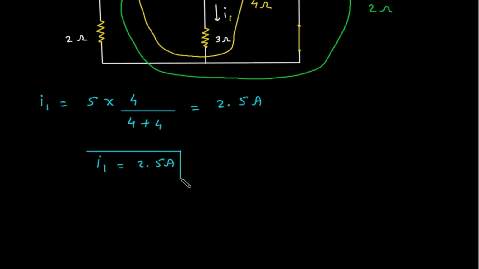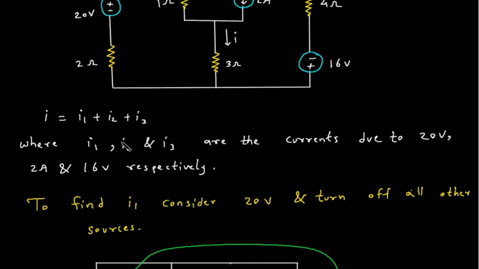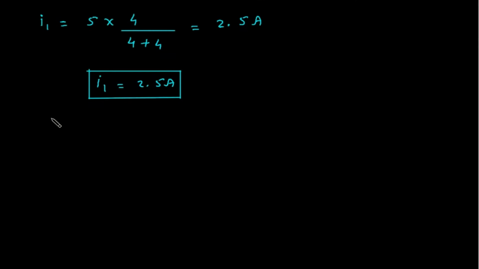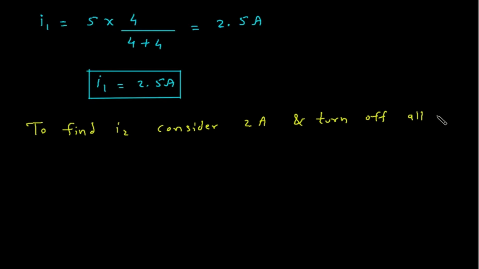Next we have to find I2. So to find I2, we will consider 2 ampere current source. To find I2, consider 2 ampere current source and turn off all other sources.